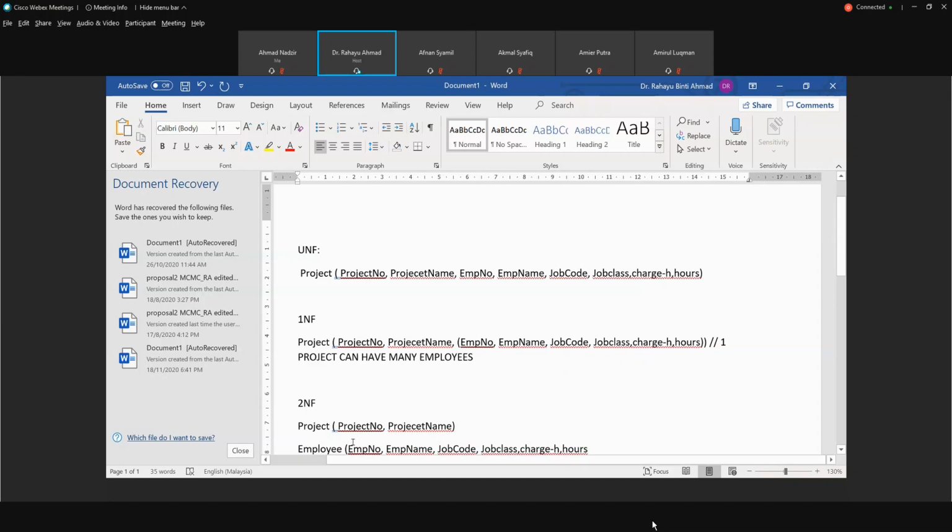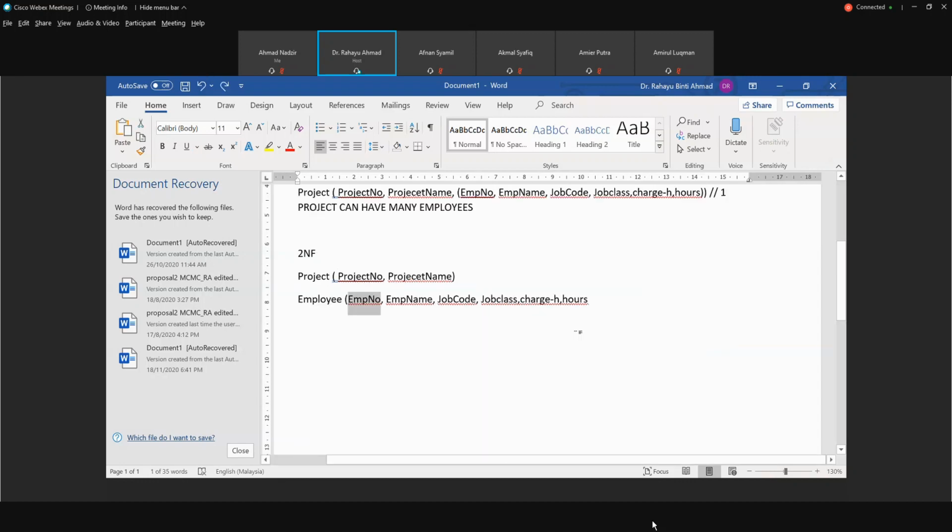So one project can have many employees. So this one will be employee number will be the primary key, and project number will be the foreign key.